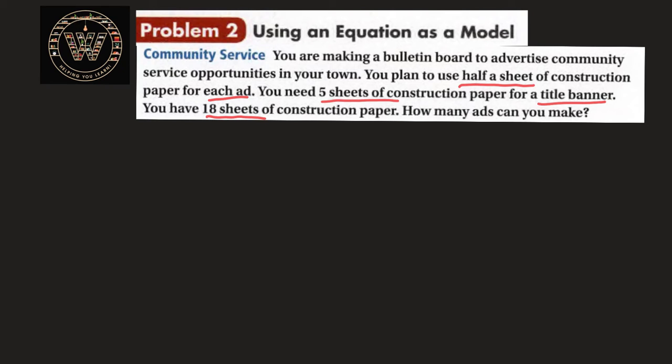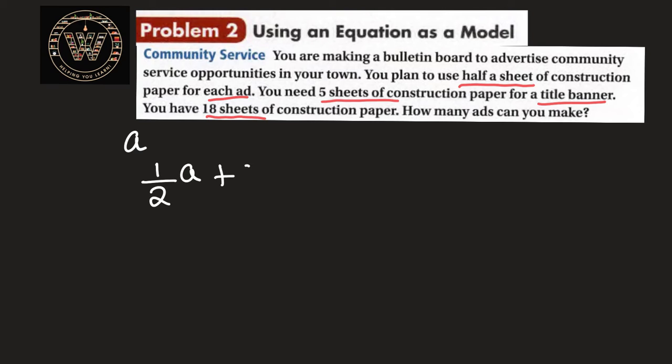You can make a guess. Let's go about solving this. Let A be the number of ads that we can make. For every ad, we need half a sheet of paper. So in other words, half of A will be the sheets of paper we require. And how many sheets do we need for a banner? 5 sheets.